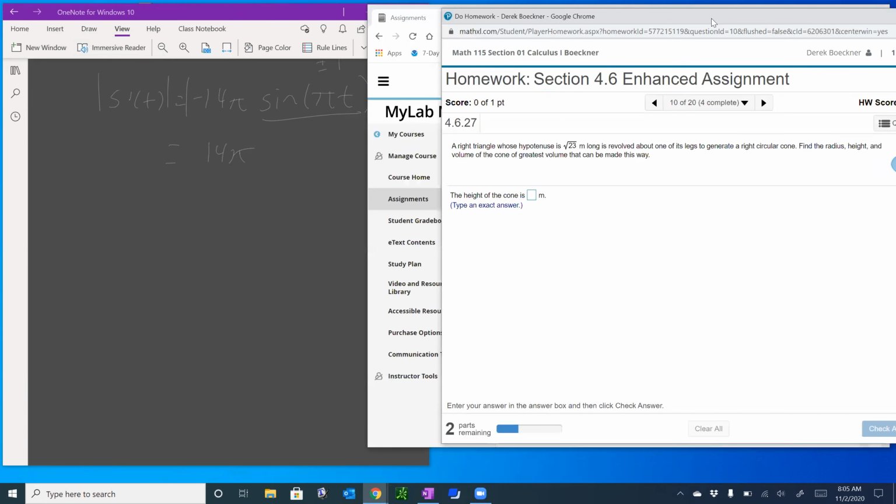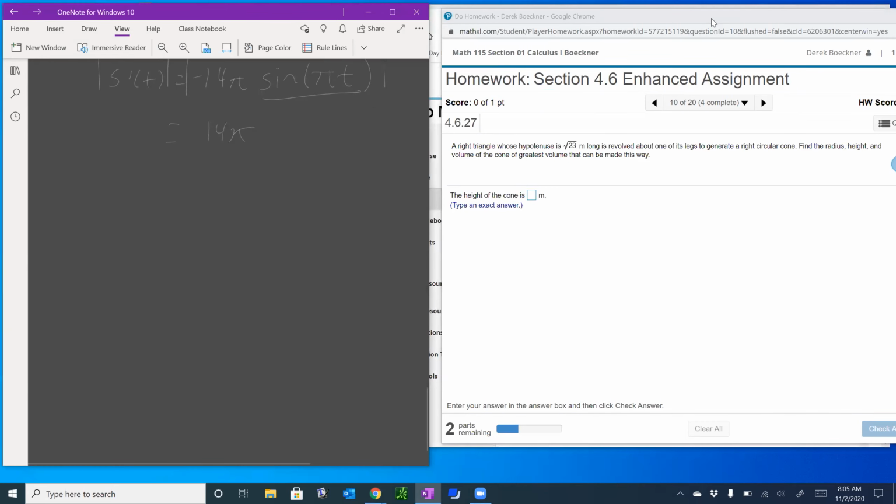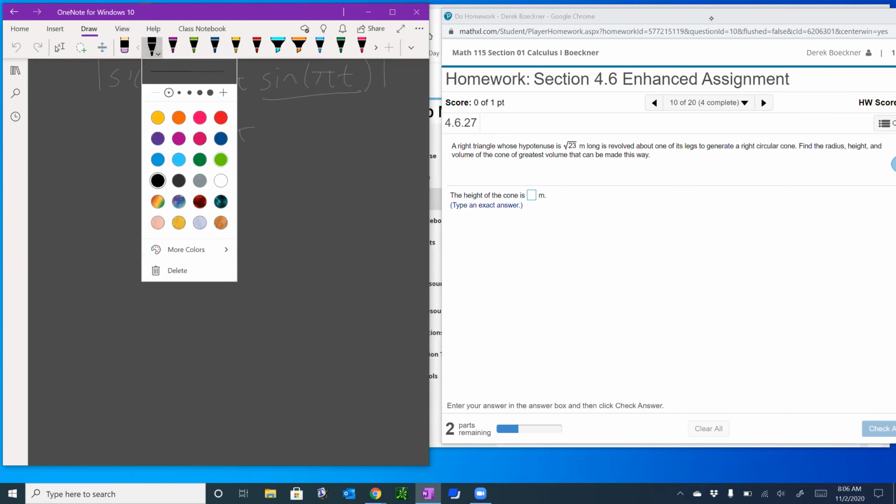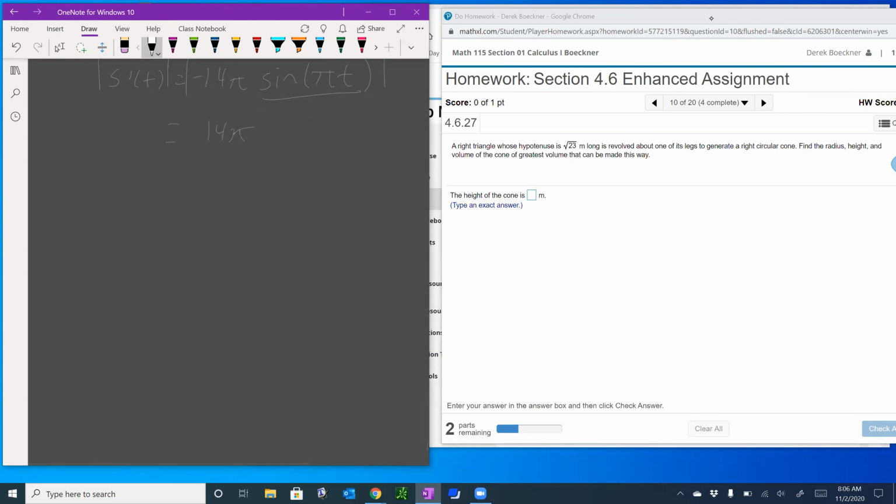We've got a line segment of length square root of 23 meters. That's pretty long. And we're going to put it at an angle. It could be long like that or sort of tall.